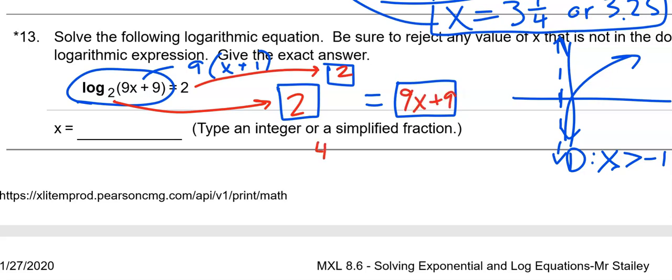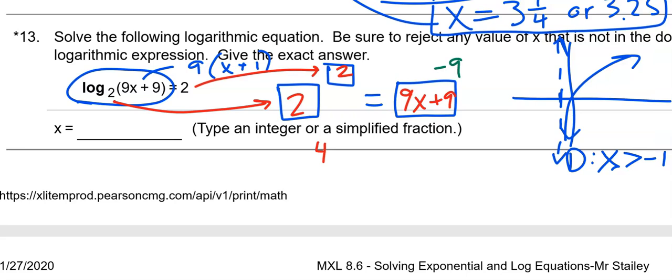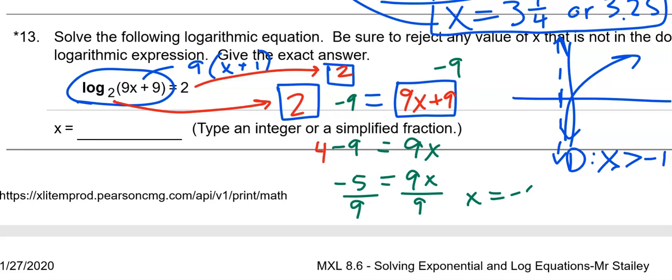And so we've got 4, and we will take away that 9 right there. Trying to speed this up a little bit. So that would be negative 5 equals 9x. And divide by 9, divide by 9. We get x equals negative 5/9. Now, negative 1 is the cutoff.